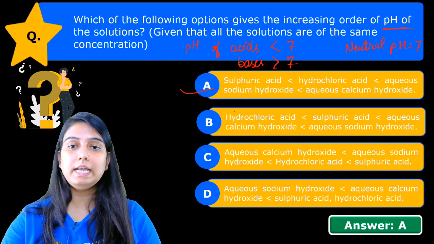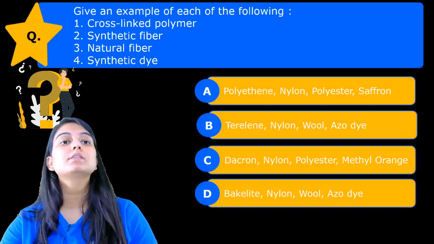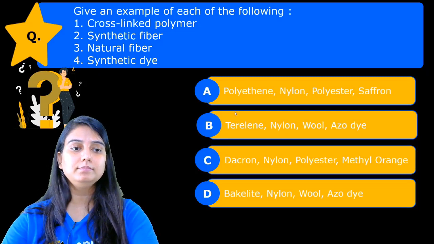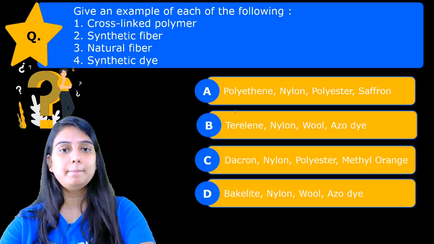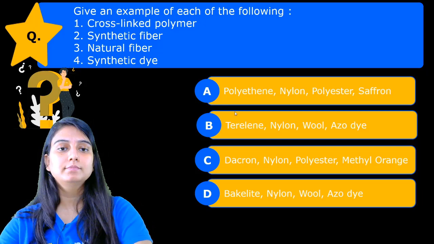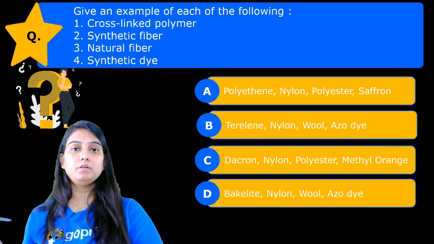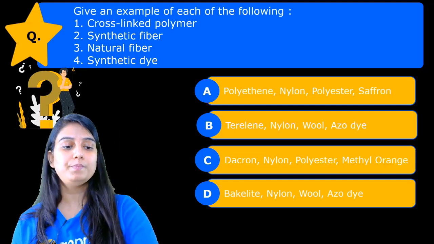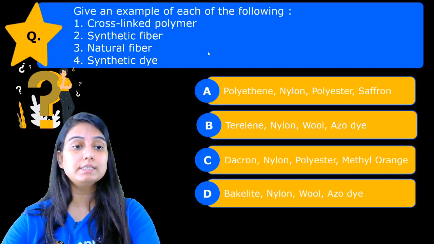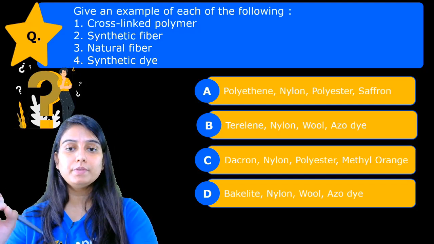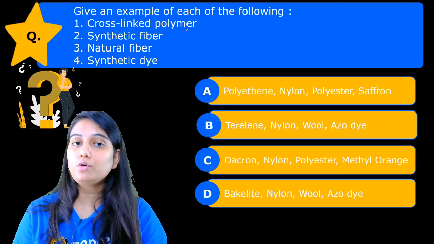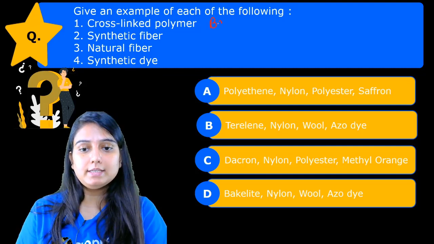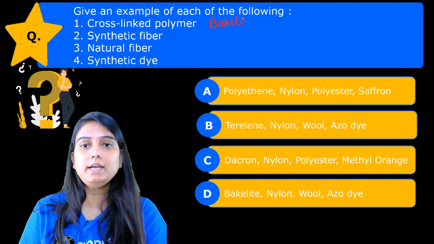Now move to the next question, which is: give an example of each of the following. So now we have to give the example of each of the following, that is cross-linked polymer. So what is the cross-linked polymer, children? Look, the very first is cross-linked polymers, that is a thermosetting polymer and that is bakelite, right?